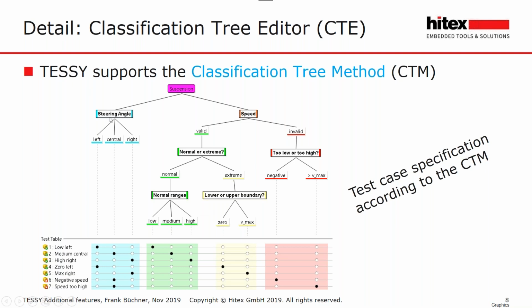You see here for steering angle, we have 3 equivalence classes, left, central, and right. If you know about the tables in 26262, you see that you have to have equivalence classes in your test case specifications, and also boundary values and such things, which can be created or visualized by the classification tree method.